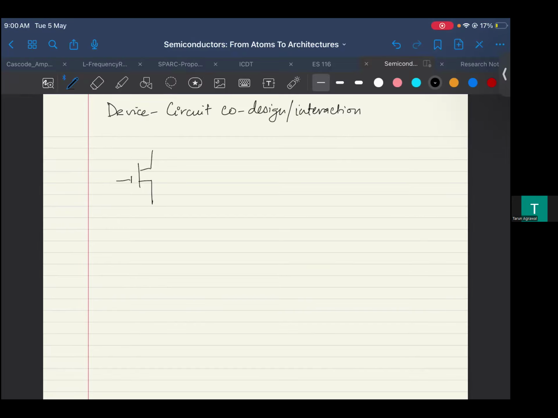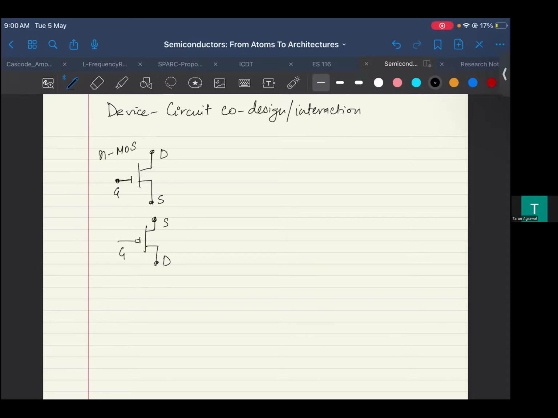It's been the workhorse of the industry, and you see billions of them on chips in any computing system. So this is the typical structure we have been talking about. This is the N MOSFET, the N channel, and there is a P channel counterpart of this, right?